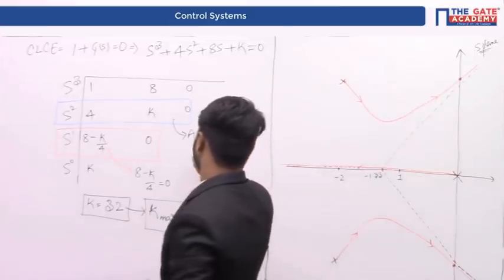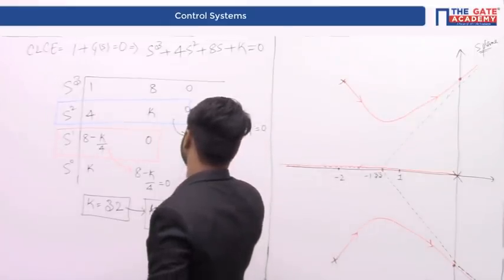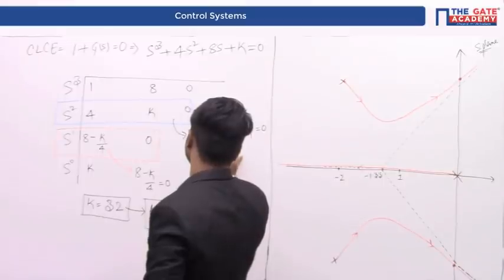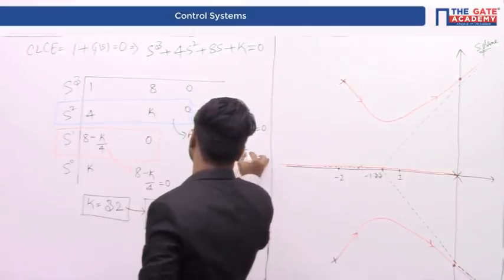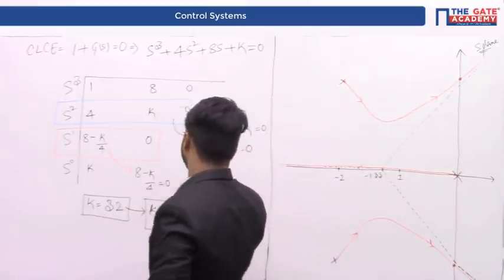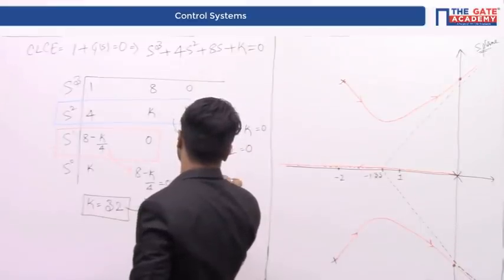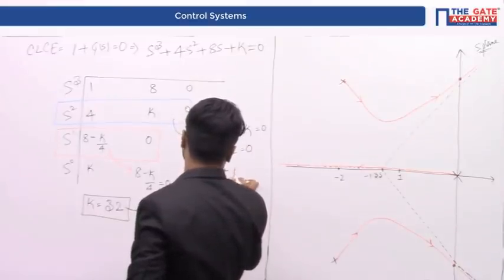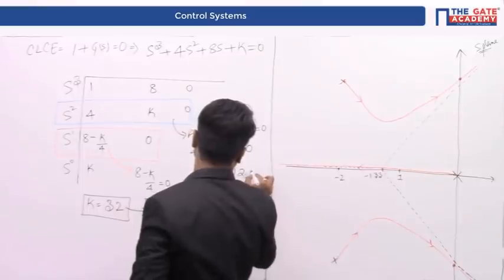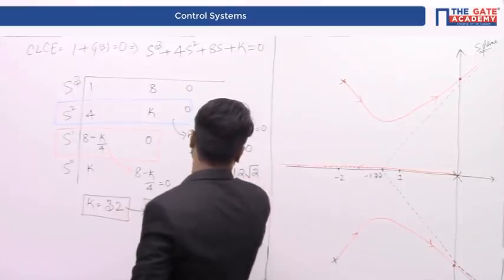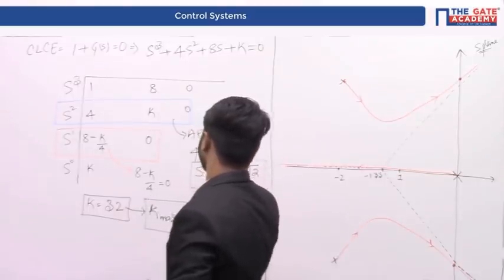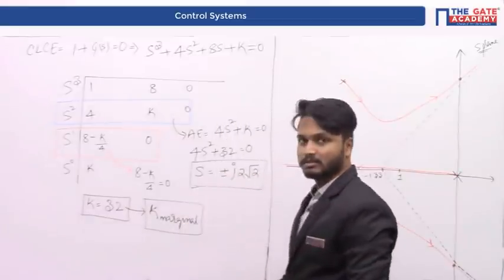What is the value of K? K is 32. Therefore 4s square plus 32 is equal to 0. If you solve for s, you will get s is equal to plus or minus j2 root 2.